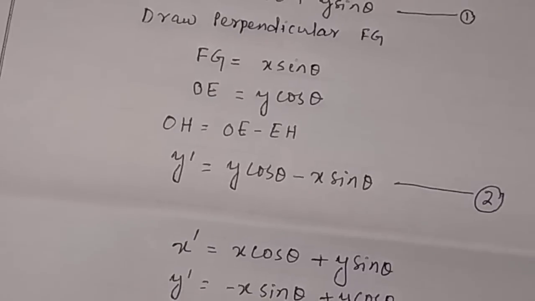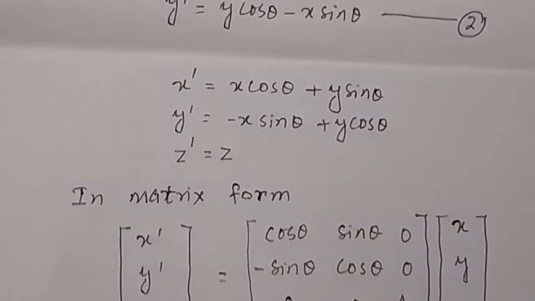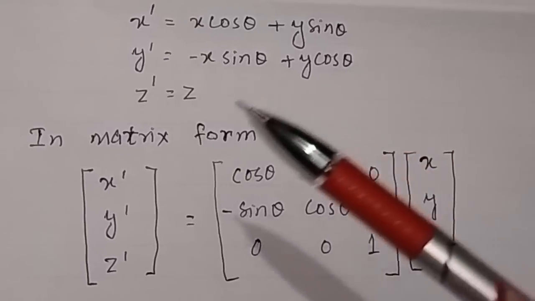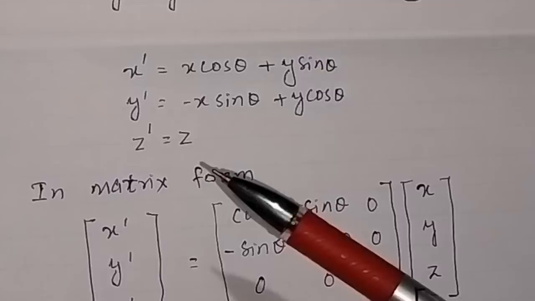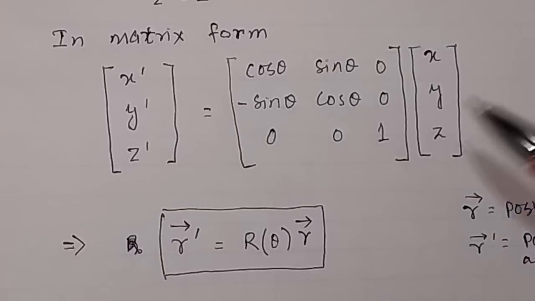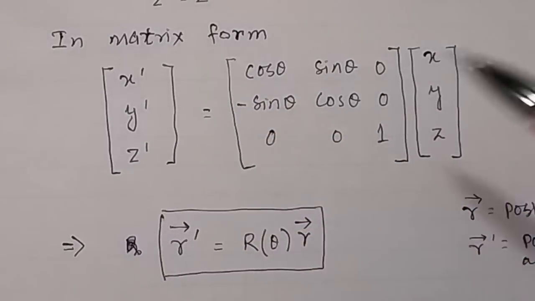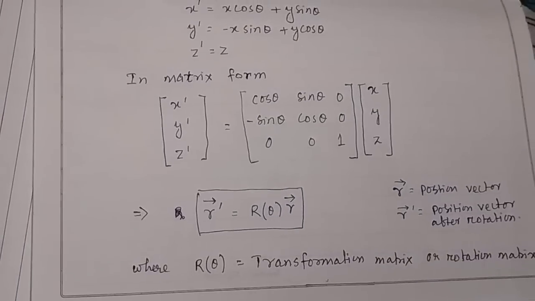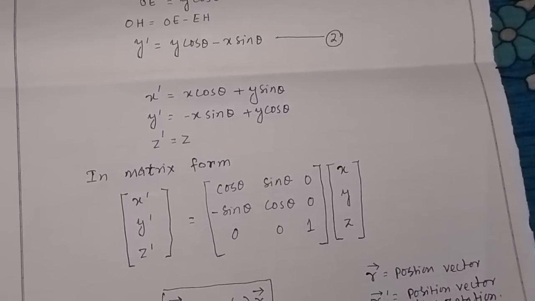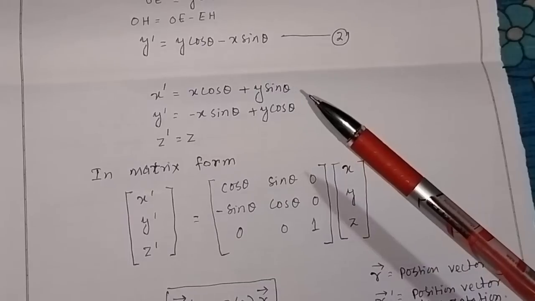So you can write this in matrix form. The z coordinate will not change. Z prime will be equal to z. So how can you write this in matrix form? In matrix form you can write x prime, y prime, z prime equal to, from these equations, cos theta, sin theta, and 0 for the z coordinate.